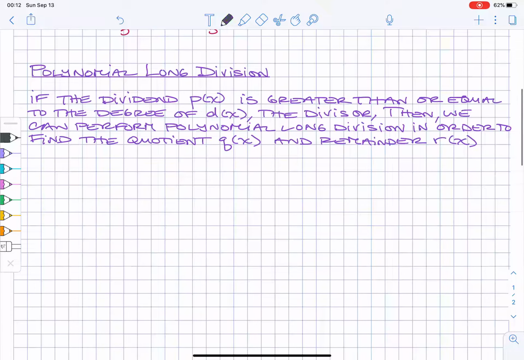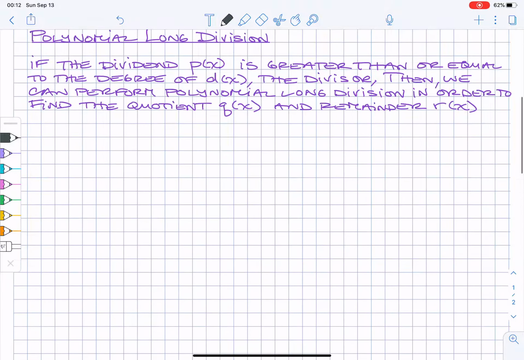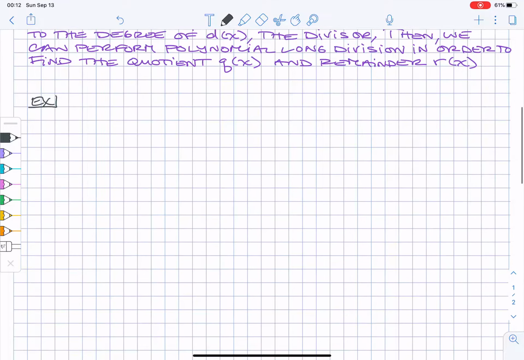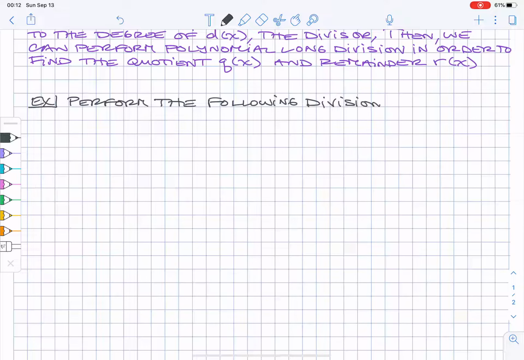So the only way to show polynomial long division is to show it. So for example, I'm going to show this by way of illustration, and hopefully the more we do, the more it'll make sense. So perform the following division problems.